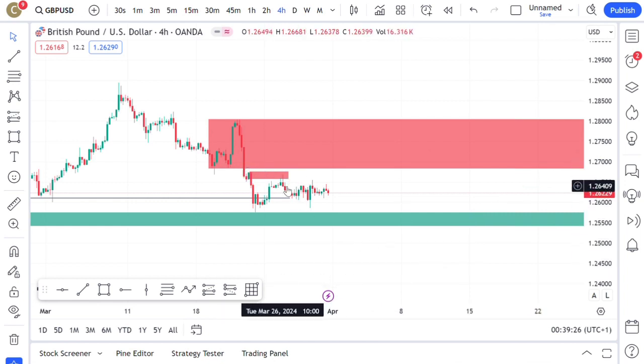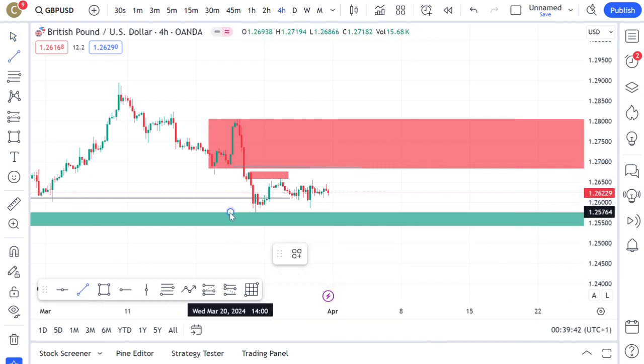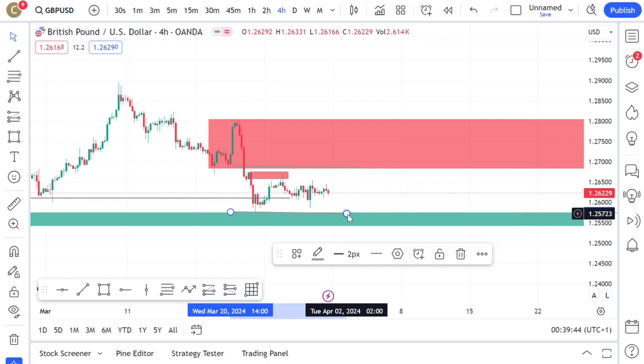So price is actually ranging from that zone. It's in an indecisive state, and as cautious traders, we should expect a break of this area or a break to the downside before you make any movements.